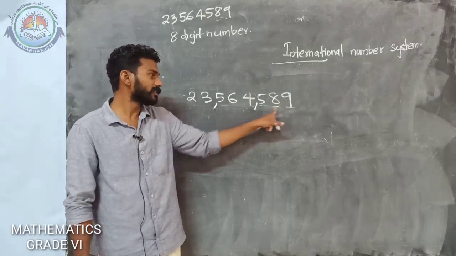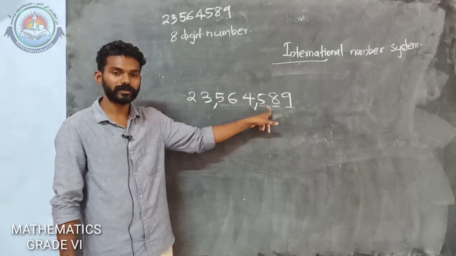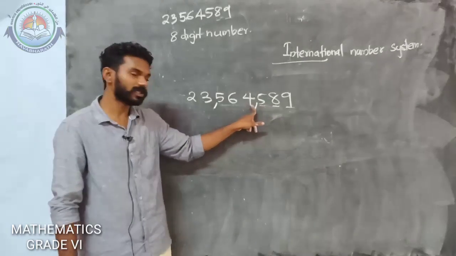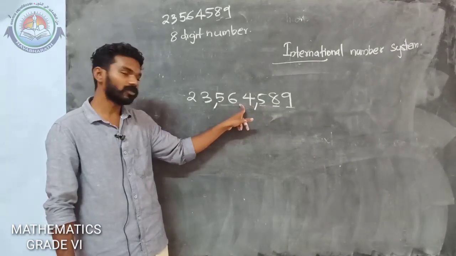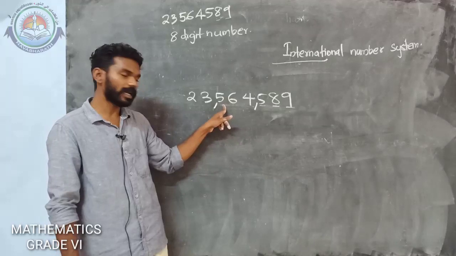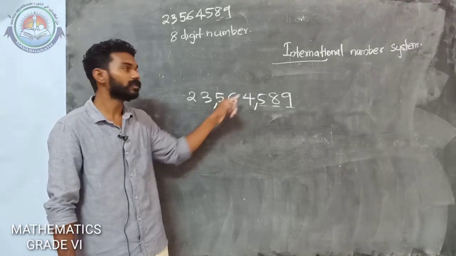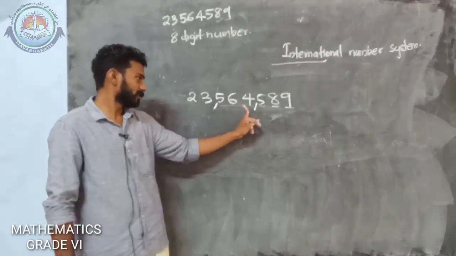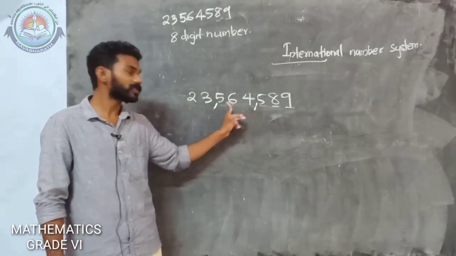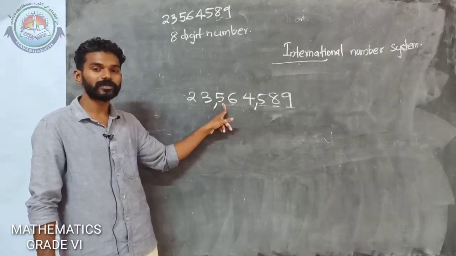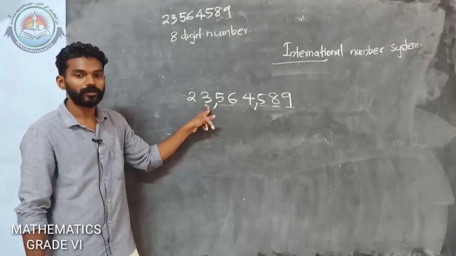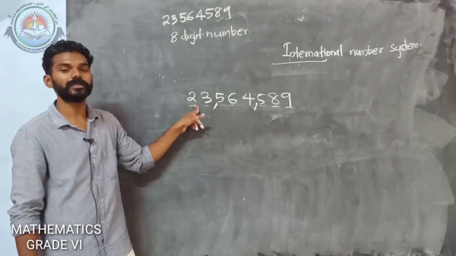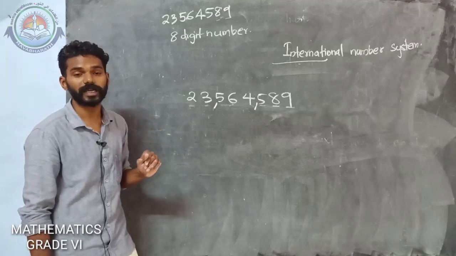Ones, tens, hundreds. Now thousands, 10,000s. Is it lakh? No, because the system is international. So what is it? Thousands, 10,000s, 100,000s. Now millions, 10 millions. So this 2 represents 10 millions.